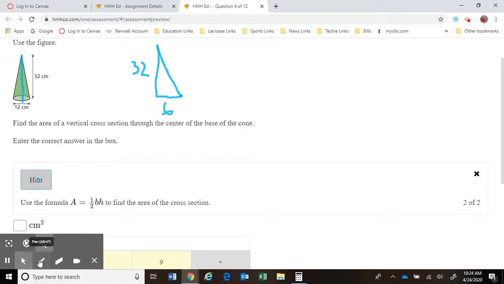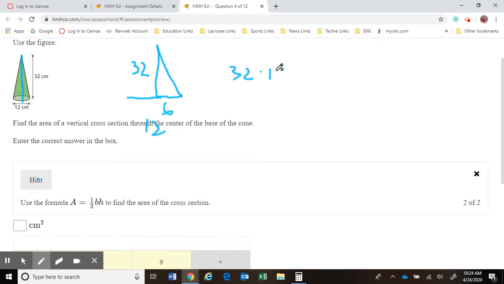So again, I've got to complete this, which would be 12, and then I would go 32 times 12 divided by 2.